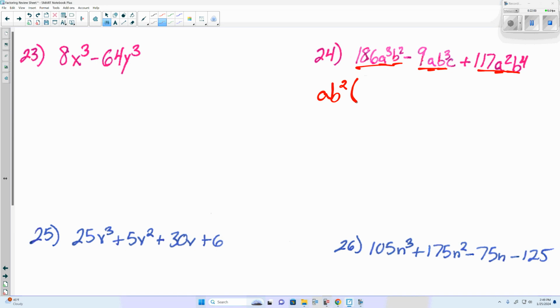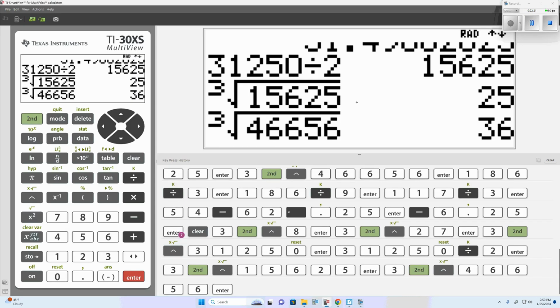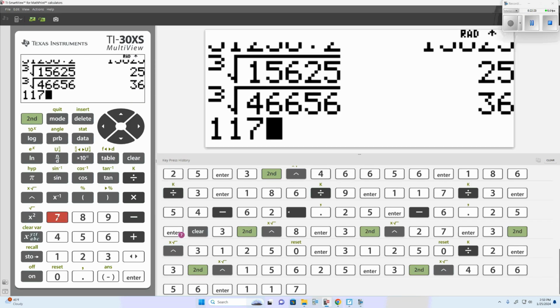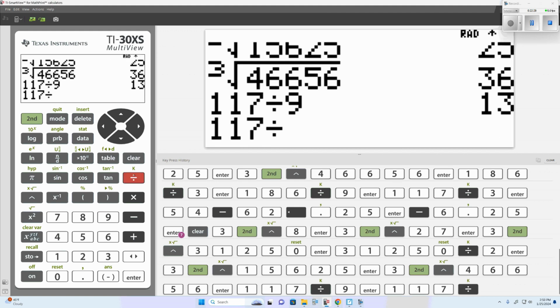Now the next question is, is there a greatest common factor between 186, 9, and 117? Well, maybe. What are the factors of 9? 1, 3, and 9, yes? We can pick 117. And we can say 117 divided by 9 is 13. 117 divided by 3 is 39.